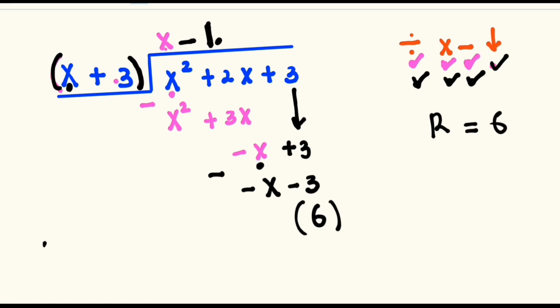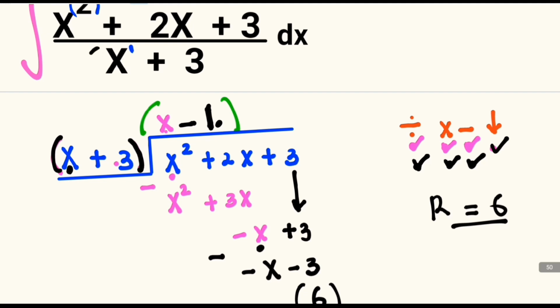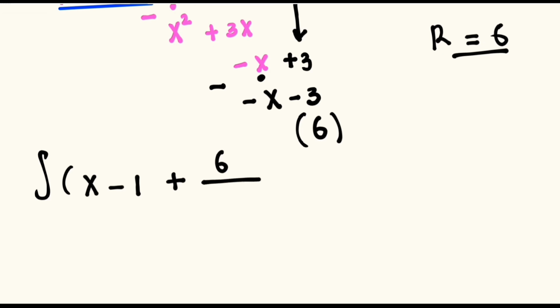So our integral will be equal to the integral of x minus 1, plus our remainder 6. So we divide this remainder by the x plus 3, dx.